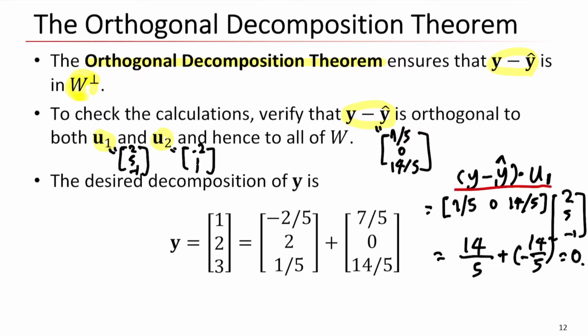So it shows that these two vectors are perpendicular or orthogonal, right?